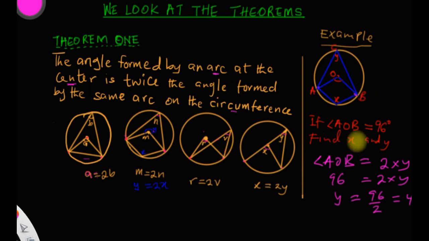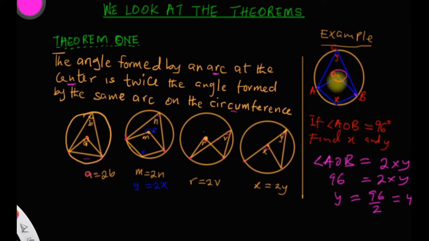Fine. So we have to find S and Y. This is Y. Let us find S. How do you find S? You know the angle around a point, when you complete the whole circle, is 360. The angles around this point at the center give us 360.